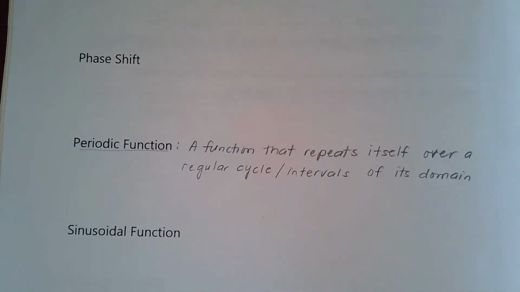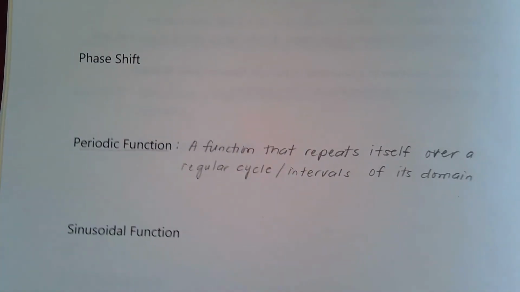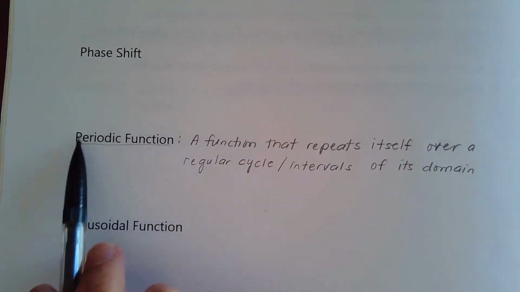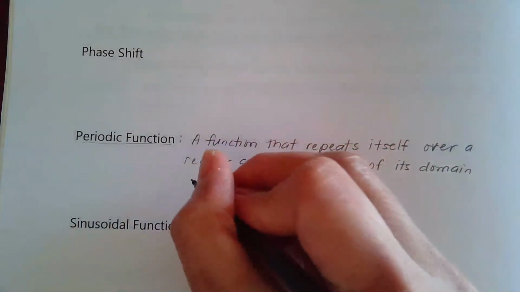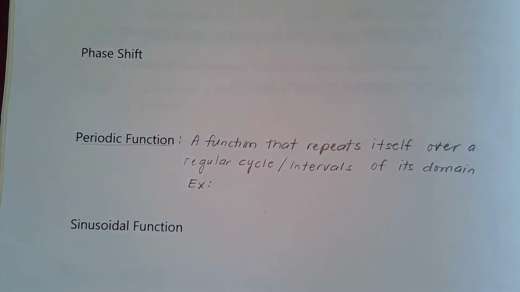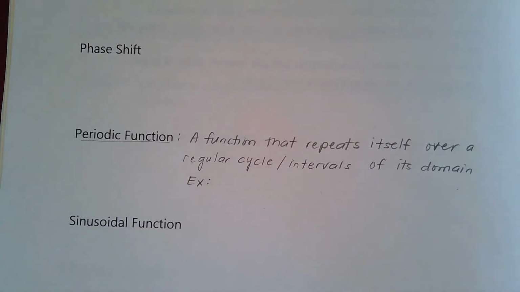Now, under that periodic function is a sinusoidal function. I want to put in an example, which would be your heartbeat. Every time your heart beats, it's basically a contraction and relaxing of your heart muscles.